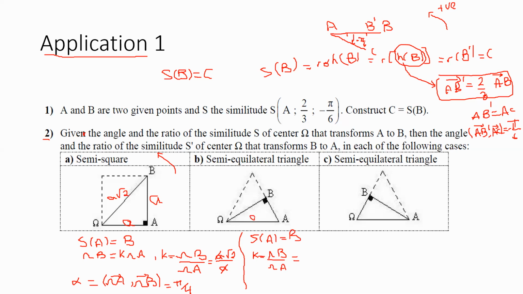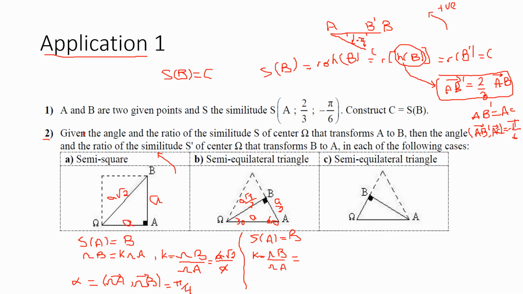If I call this side A, this angle is 30 degrees, this side is A over 2, and this angle is 60. Omega B is A radical 3 over 2.